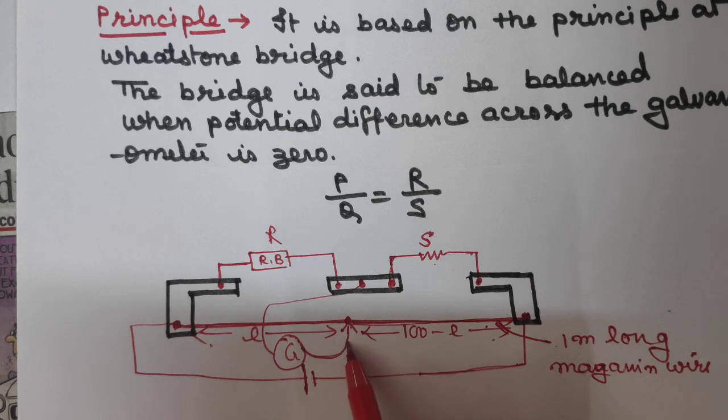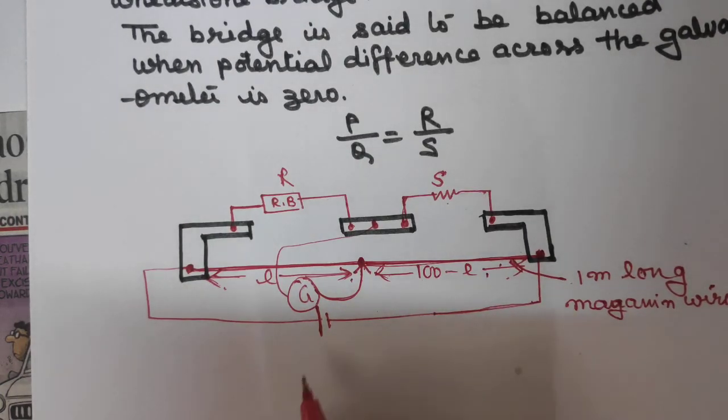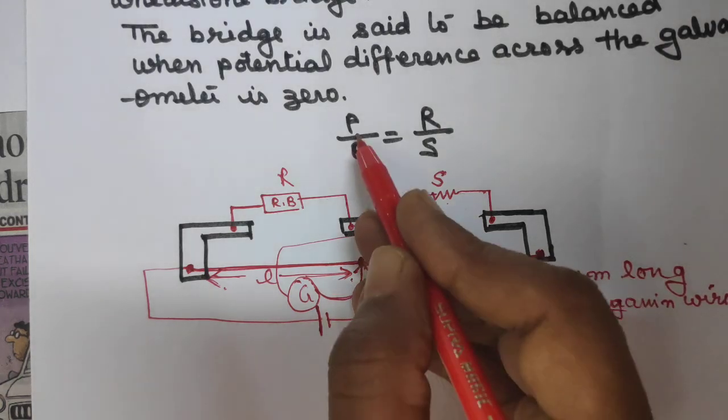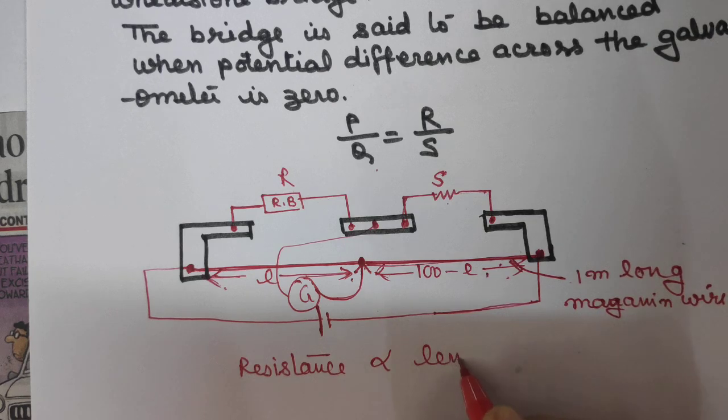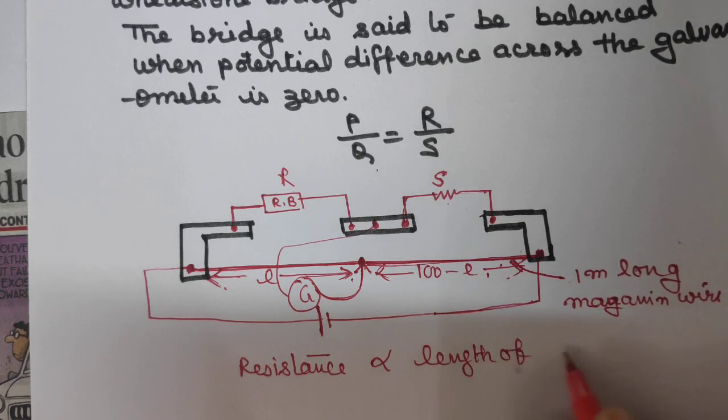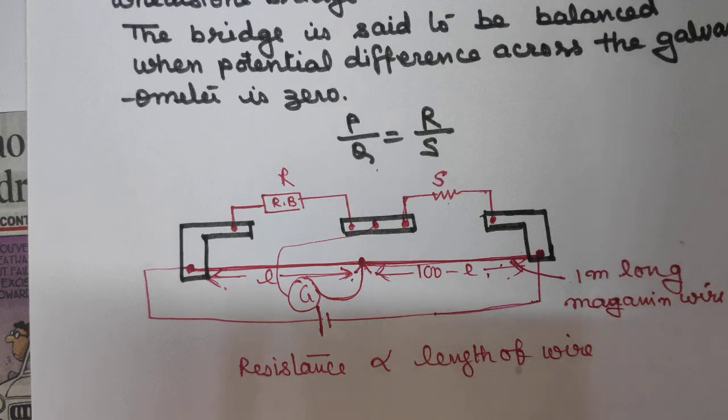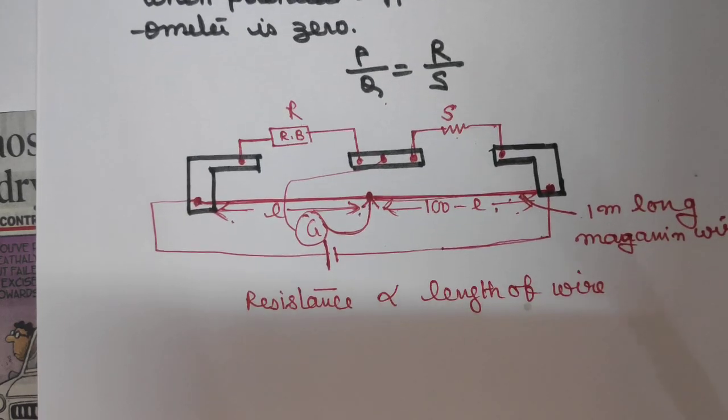Suppose this is the point where the galvanometer will show no deflection. In that condition, this is the length L and this one is length 100 minus L. So in balance condition we know P upon Q equals R upon S, and resistance is directly proportional to the length of the wire if the cross sectional area and resistivity are the same.